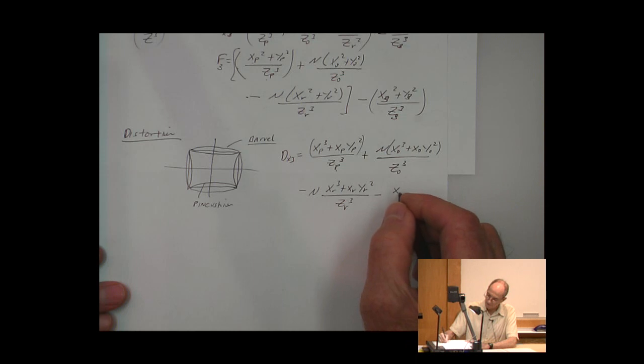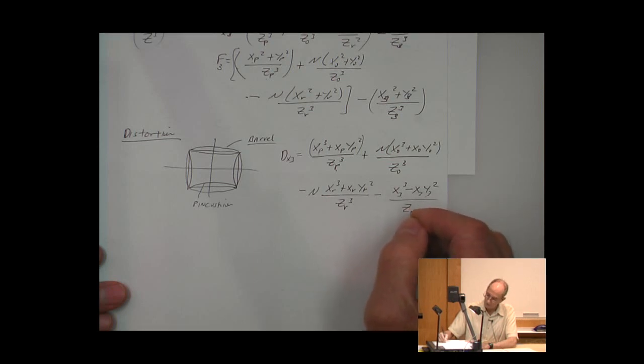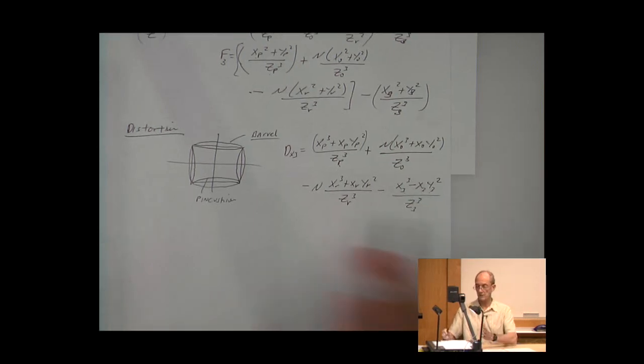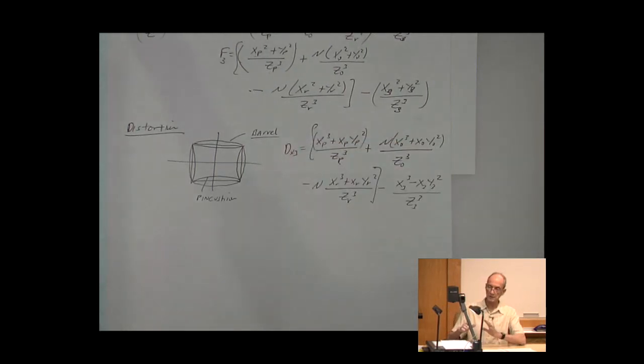I should correct these. x3 cubed minus x3 y3 squared, and in my notes these are 4s, they should not be that. z3 cubed. All right, so again, very similar, taking the points used in the construction and reconstruction and subtracting out the paraxial.